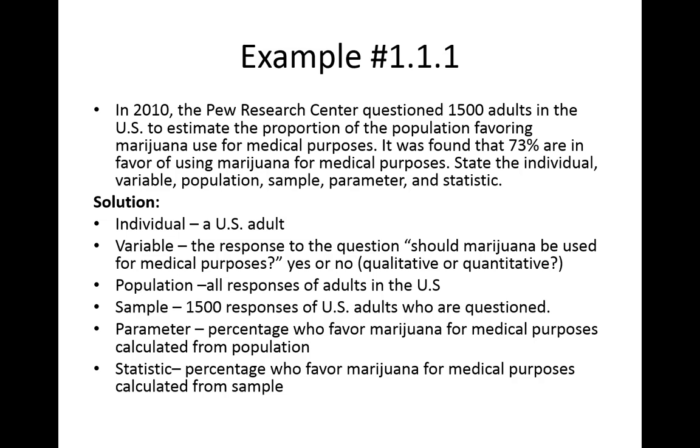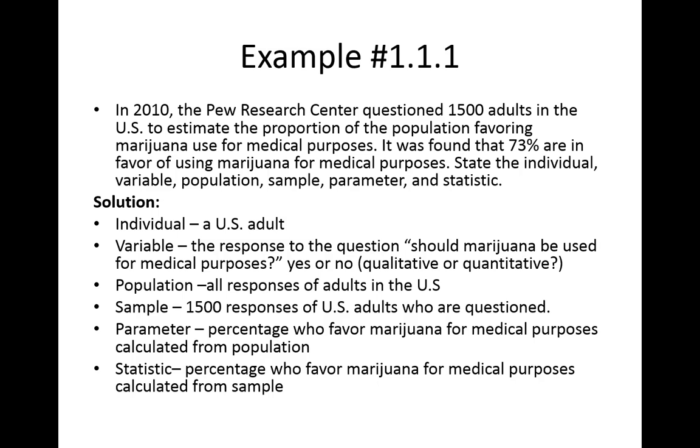So again, thinking about how I'm going to do the computation kind of helps me visualize a little bit what the population or the sample looks like. In this case, for the sample, I see it's a set of yeses and nos. And since in the set is a bunch of yeses and nos, then I know the variable is going to have to be the responses of the individual adults to this question.